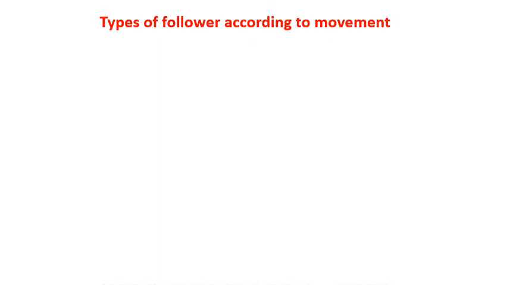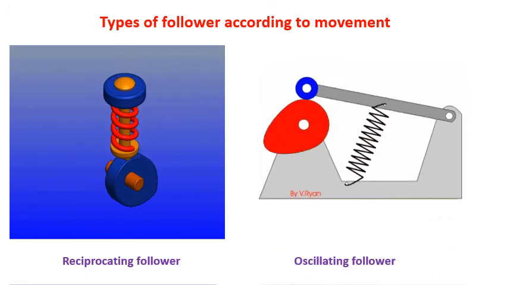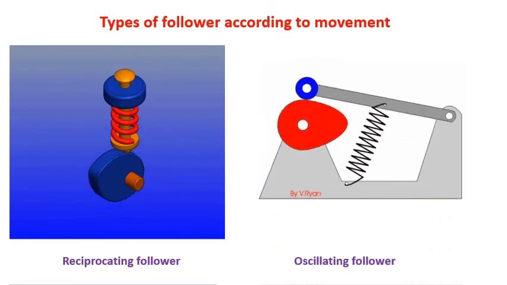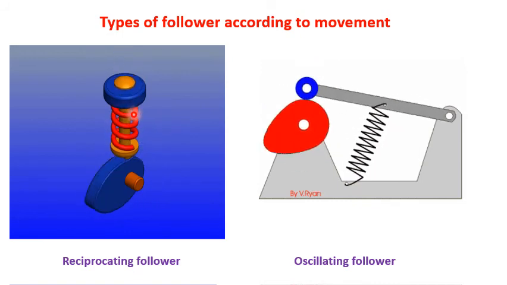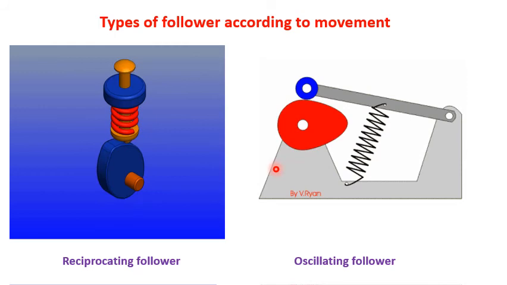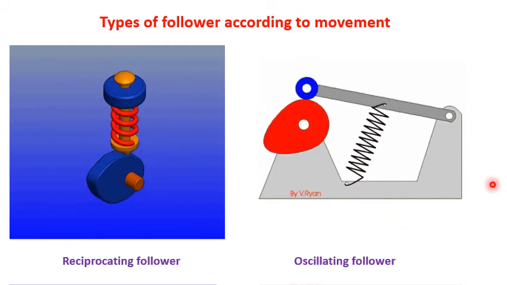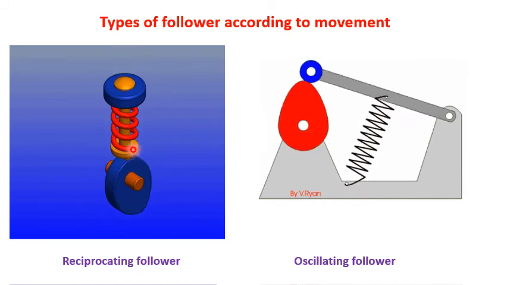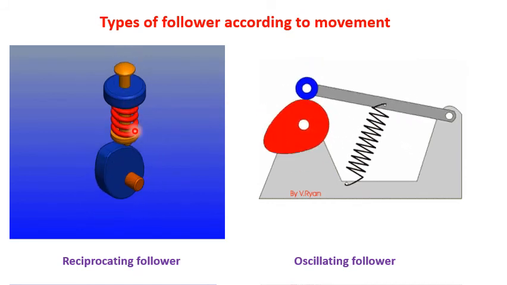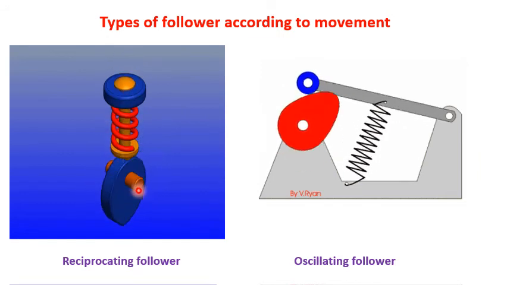Next one, types of follower according to the movement. First one is a reciprocating follower, second one is an oscillating follower. Based on the movement of the follower, we classify into two major types. In the case of a reciprocating follower, the follower reciprocates inside the guides due to the movement or rotation of the cam.